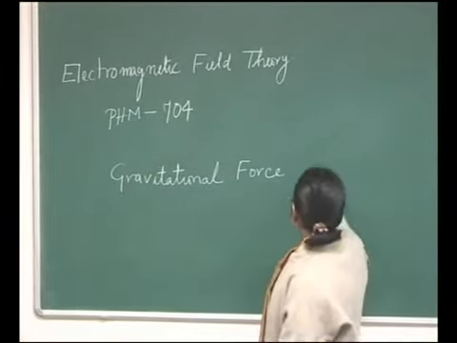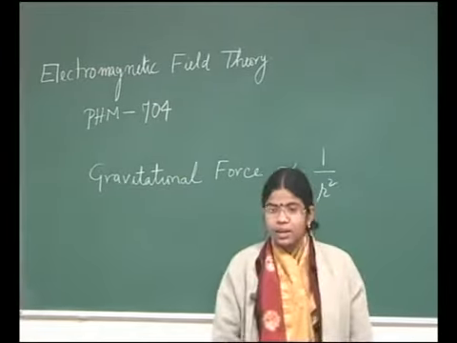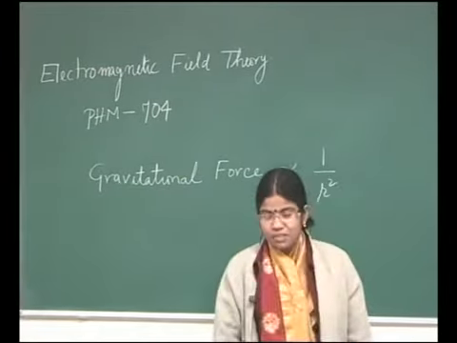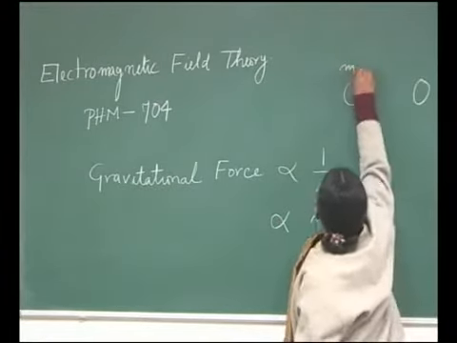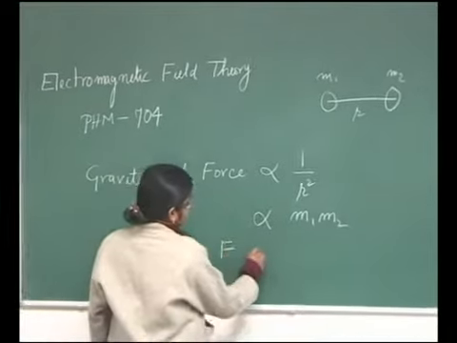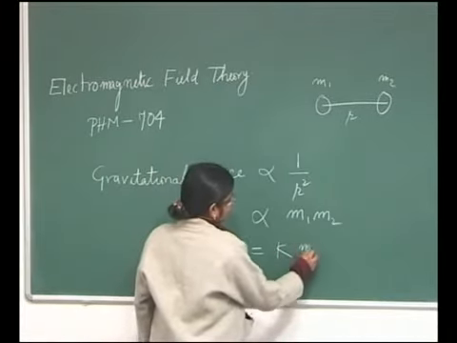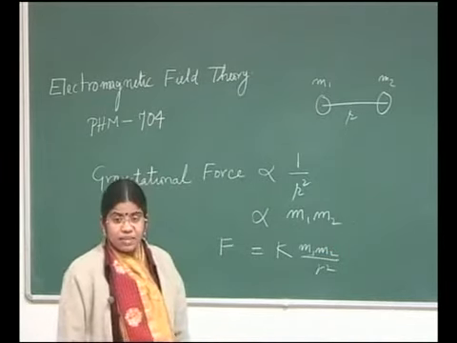This force decreases as 1 by r square, and the force between two bodies is proportional to the product of their masses. If I have two bodies, m1 and m2, and the distance between them is r, then this force F is equal to some constant times m1 m2 by r square. This is the gravitational force.